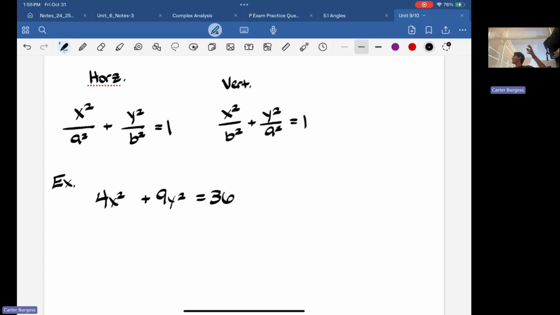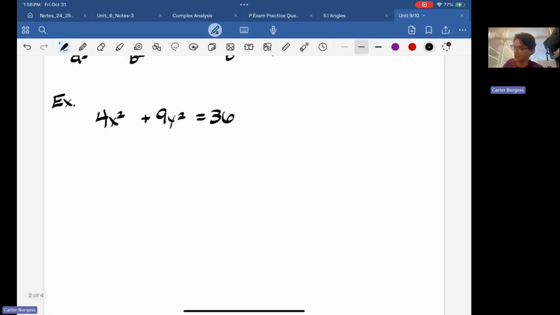Yeah, notice that for both of our equations, regardless of where the minor axis and major axis are, we are always offset from 1. So like with our quadratic, how we like to be equal to 0, in this case, we like to be equal to 1. And so dividing both sides by 36, I think is a great way to go.